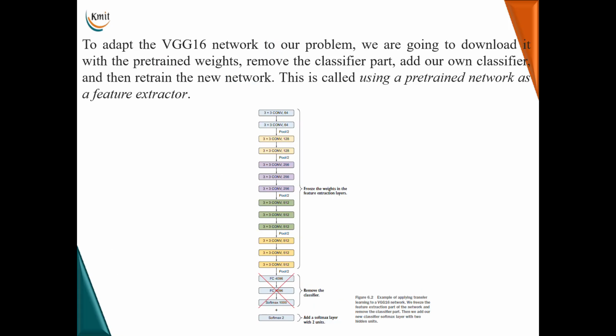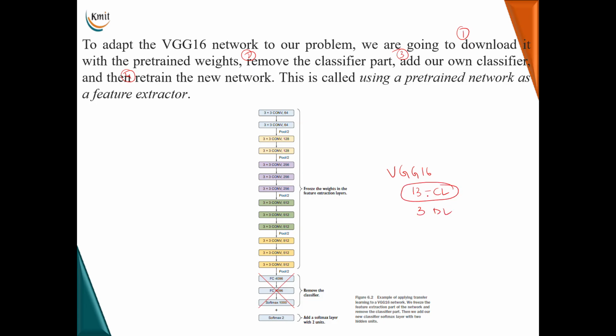To adapt the VGG16 network, the first step is downloading it with the pre-trained weights, removing the classifier part and adding our own classifier, and then retraining the new network. This is called using a pre-trained network as a feature extractor. You can see here, as I am using VGG16 for transfer learning, you have 13 convolutional layers and 3 dense layers.